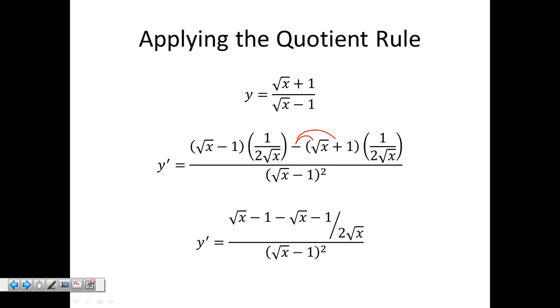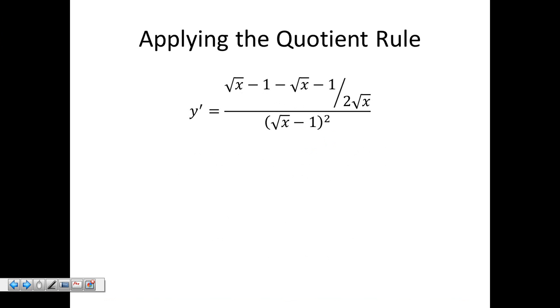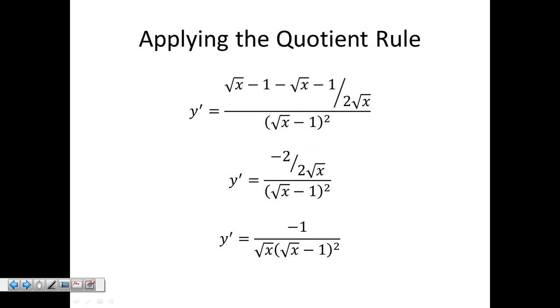Those square roots of x cancel out, and what I'm going to have is a negative 2 on top over 2 square root of x. Those 2's cancel to 1's, and I'm going to move that square root down to the bottom where it really belongs, and you'll see that square root of x right here in front. Whether you put it in front or put it in the back does not matter.